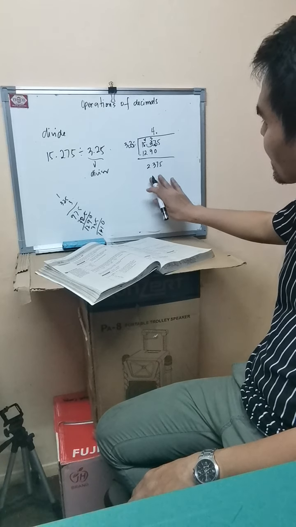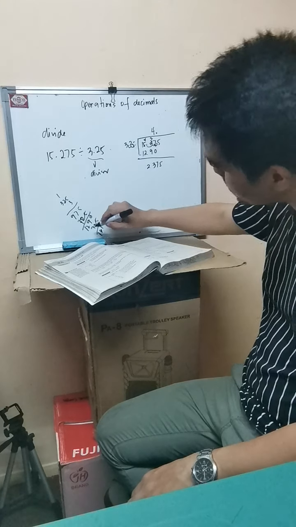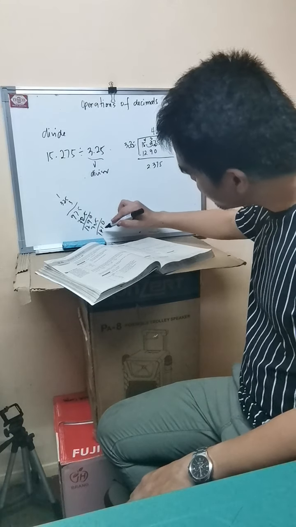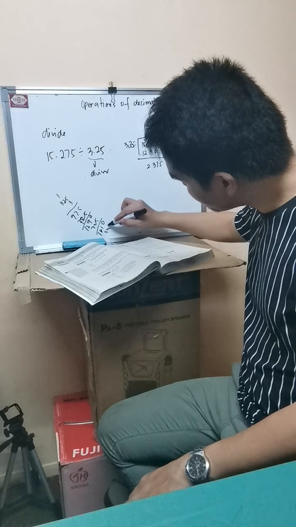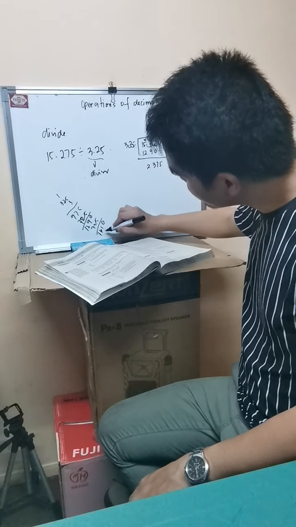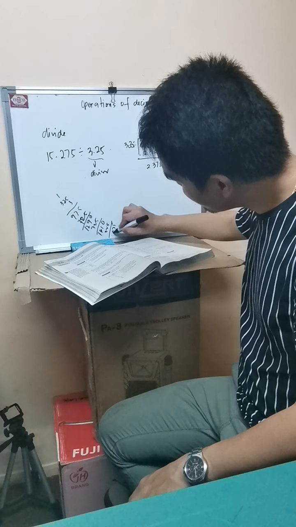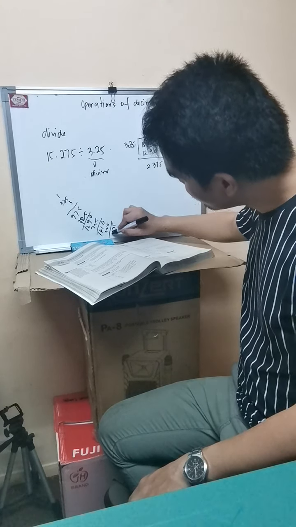So 300, how many? So 5, I'll just continue this one. This is my scratch. So 325 times 5, 3, 9, 1.